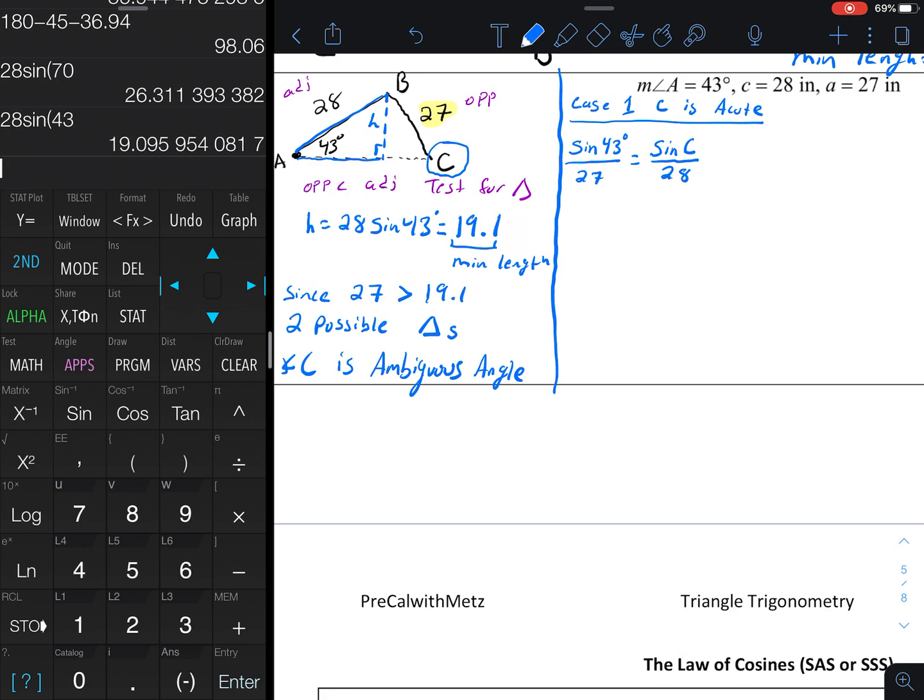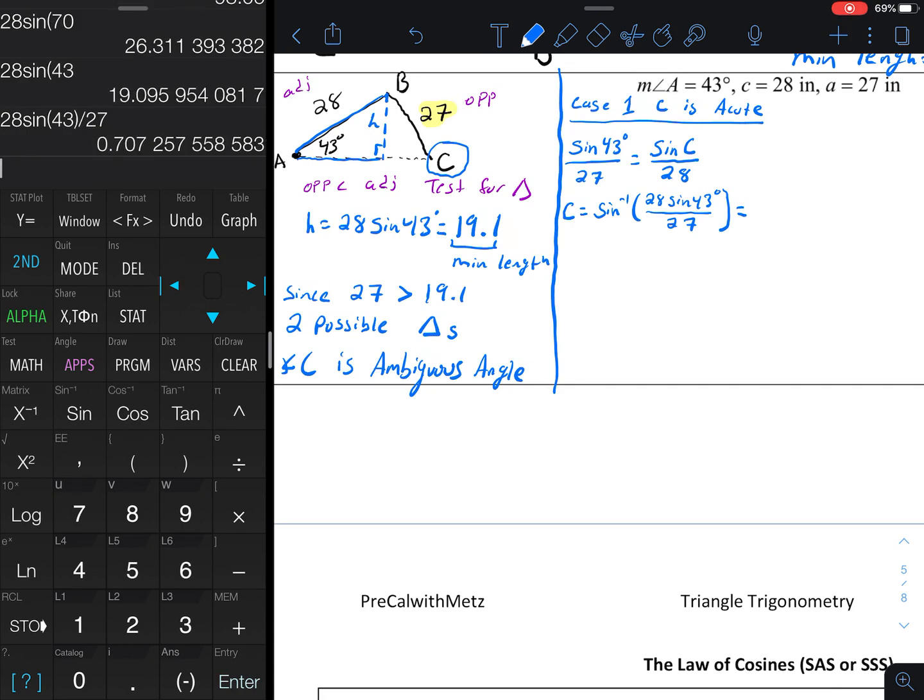So angle C is going to equal inverse sine of 28 times sine of 43 divided by 27. That gives me acute angle C, about 45.01.